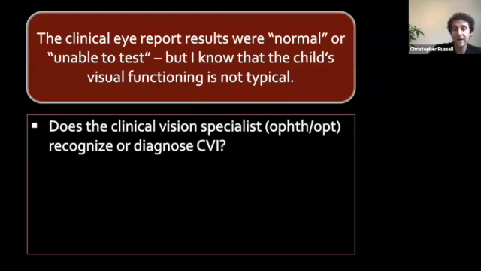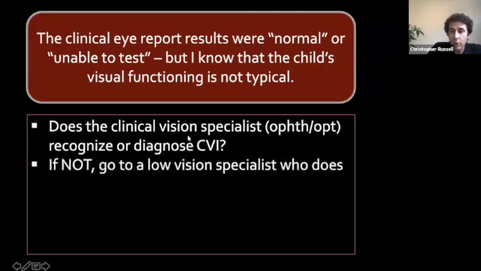They don't necessarily have the background in neurological visual processing, and they may not have the tools or even the understanding of diagnosis to recognize or diagnose CVI. So save families the time by recommending to families that when they make an appointment, they ask on the phone when making the appointment, does this person recognize or diagnose CVI? If not, go to someone who does.